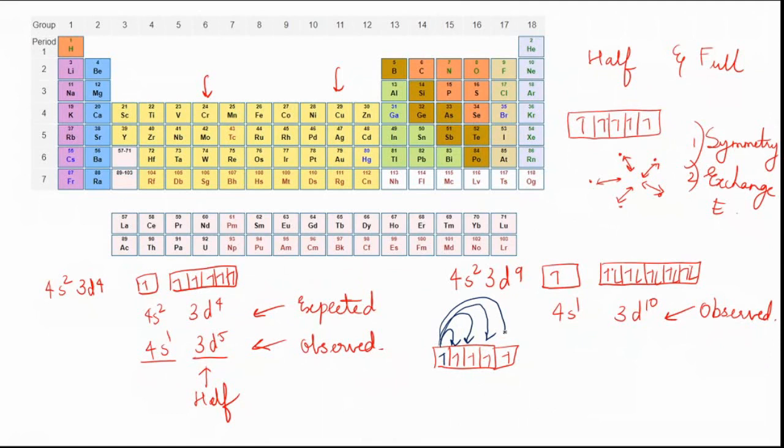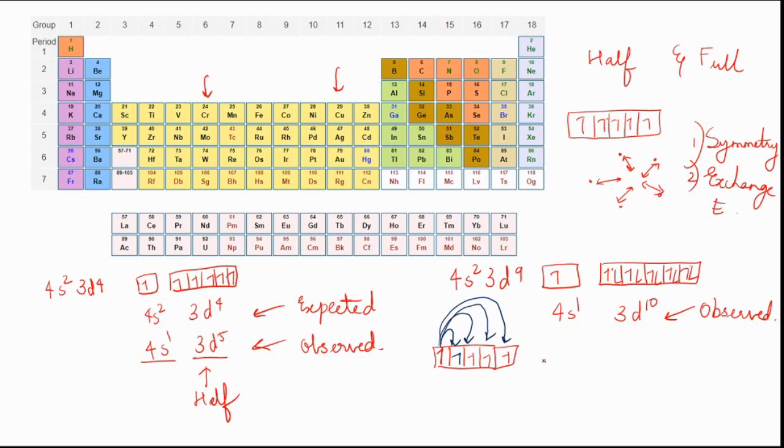So these are the four possibilities. Let's say the first and the second electrons are being shifted. So what will happen? The electron will come here and the first electron will be at this position. So this is how it can shift, and it can also shift at other positions.